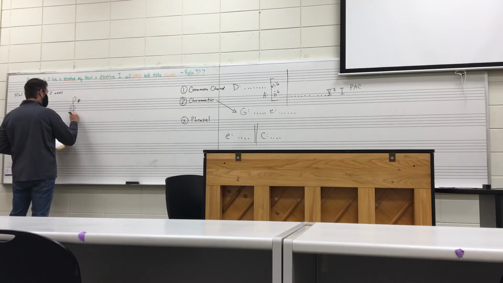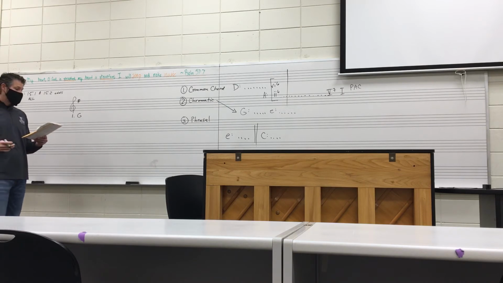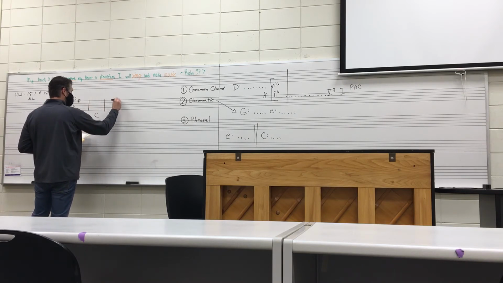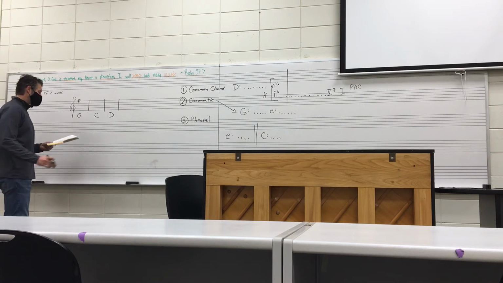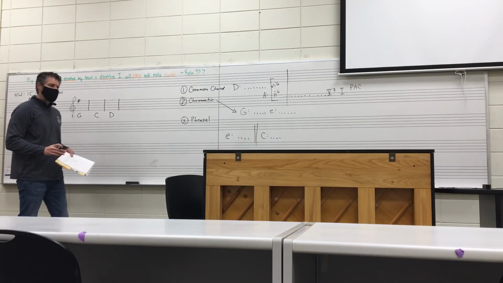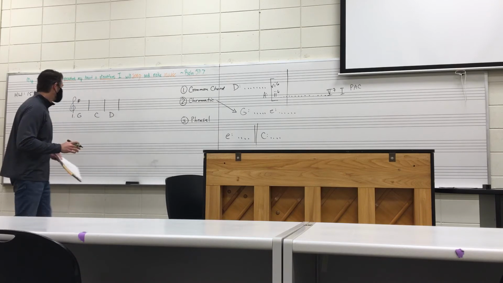So on number one, they give you the key of G. That's what we'll just call the original key. Then they say that is closely related to C and D. So they took care of all the majors first. How does C relate to G? That's the subdominant. It's the fourth degree of the scale.